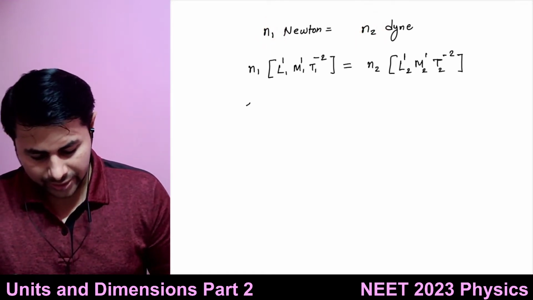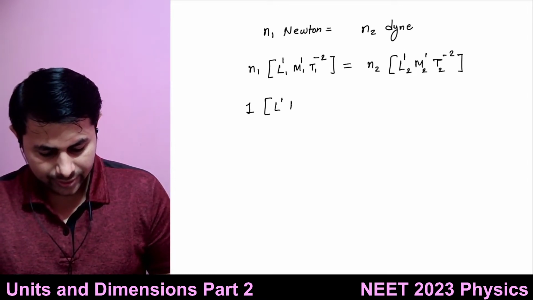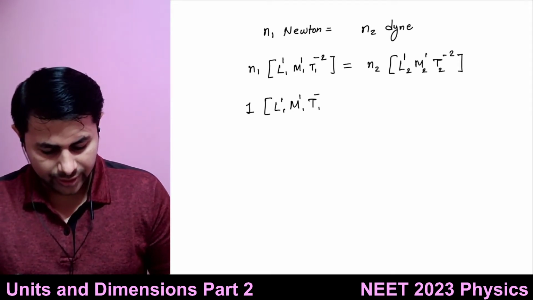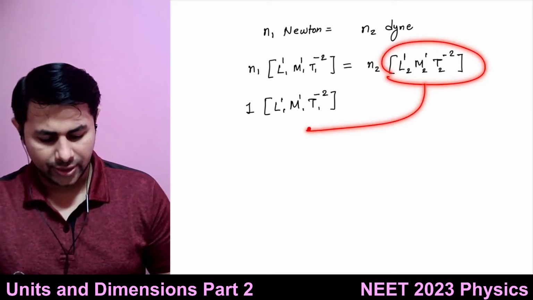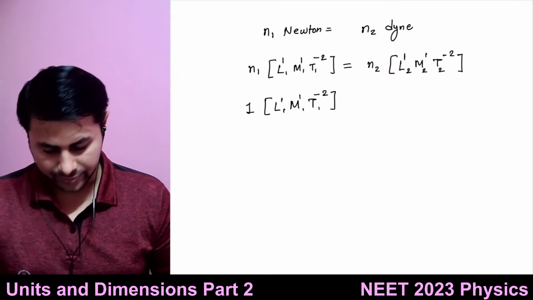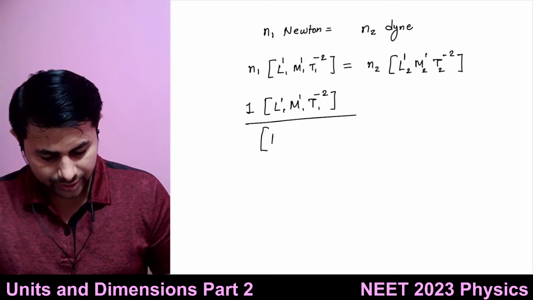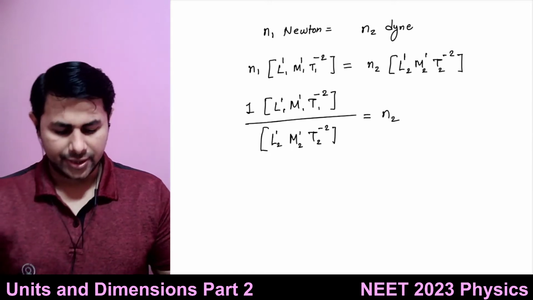So n1 is 1, and then I have L1 raised to 1, M1 raised to 1, T1 raised to minus 2, and I will take this on the left hand side, so I will get n2. So it goes in the denominator, so it is L2, M2 raised to 1, T2 raised to minus 2, and that is equal to n2.